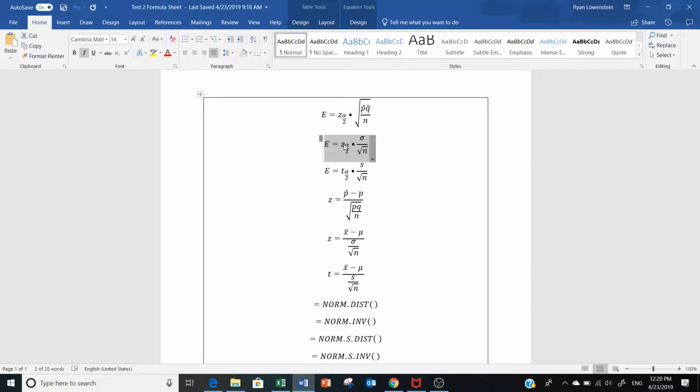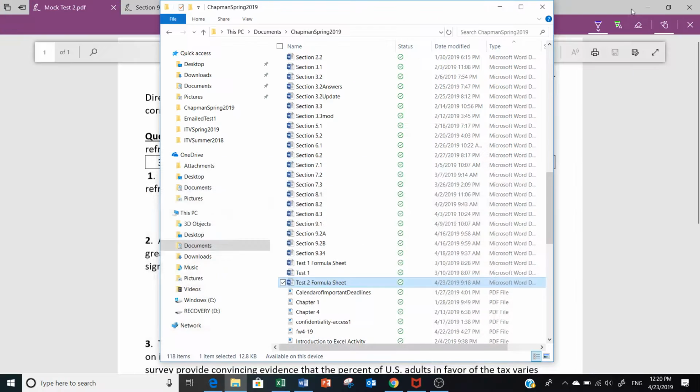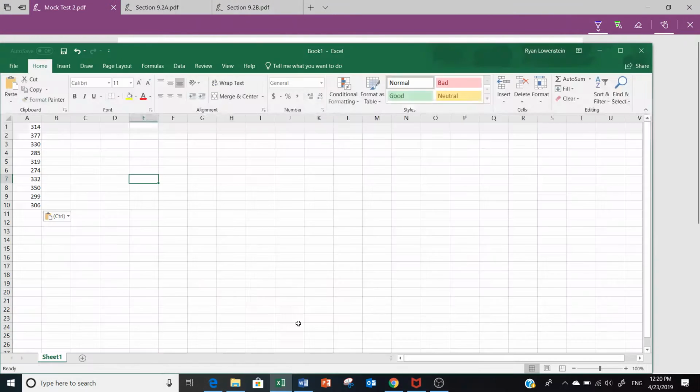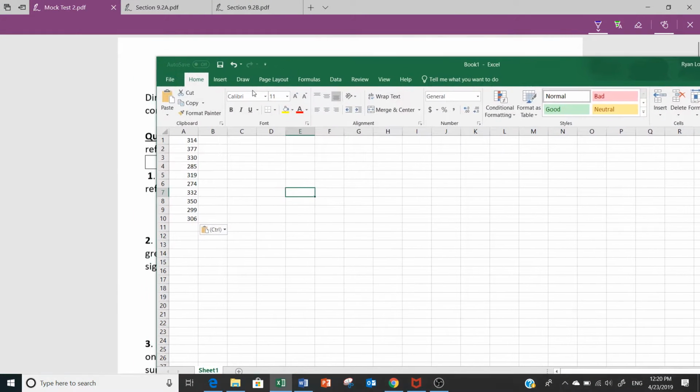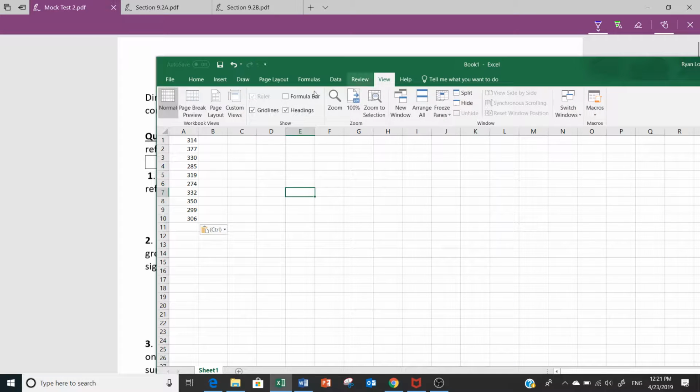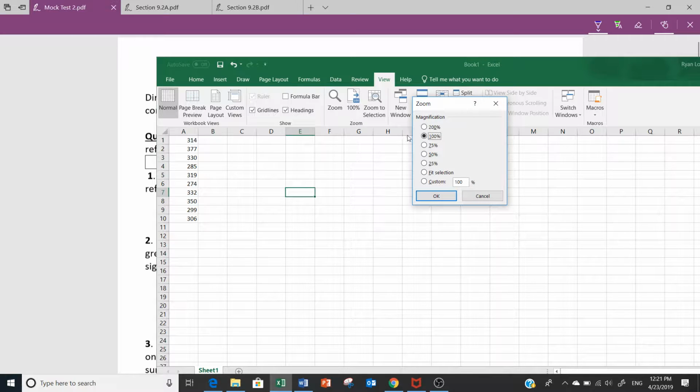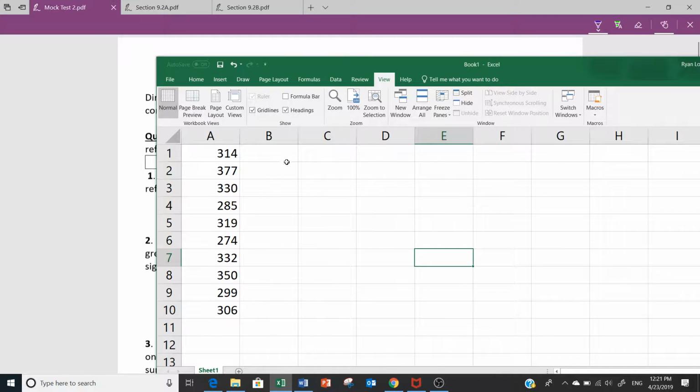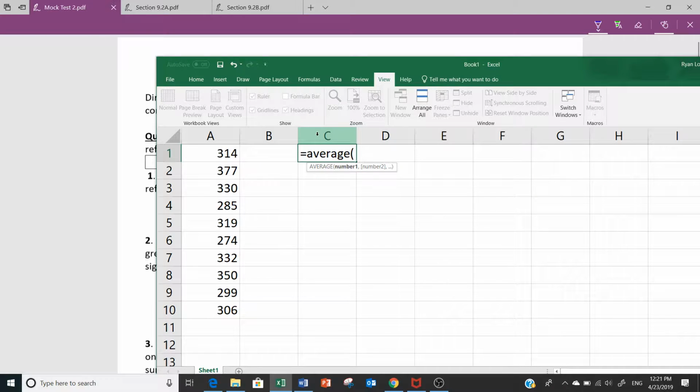Just this one. Okay, so we're going to use this one here, meaning we need S. Do we know what the difference between S and sigma is? Good. These values here, is this the sample or the population? Sample, so that's why we're using that formula. Okay, so I'm going to zoom in, and I have to find the mean and standard deviation. Equals average, highlight the values, 318.6.